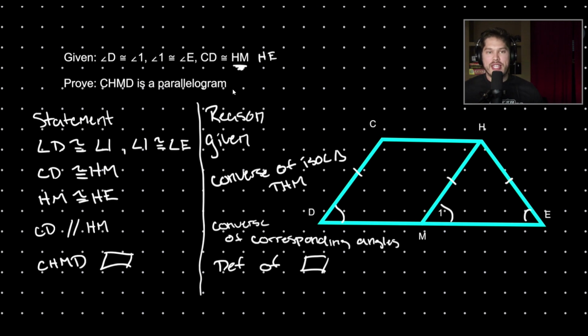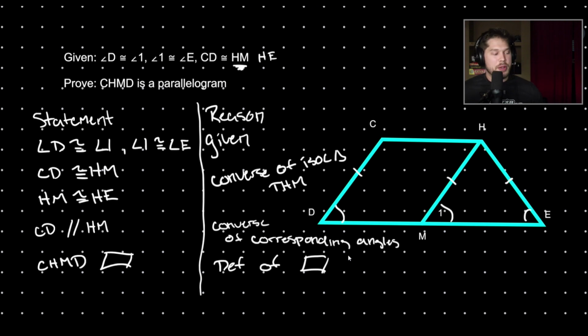I made it a little bit too easy of a problem. If I had done it correctly or written the harder version such that CD was congruent to HE, then we would have used the converse of the isosceles triangle theorem to determine that all three of these sides are congruent. Then we would have used the transitive property to say that CD is congruent to HM.